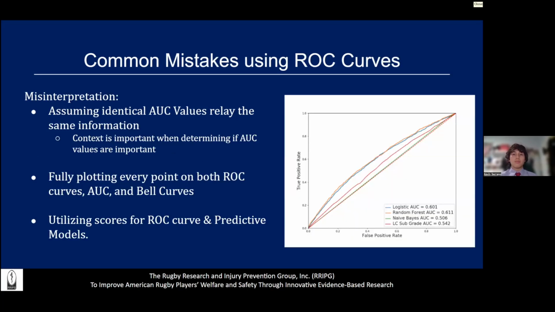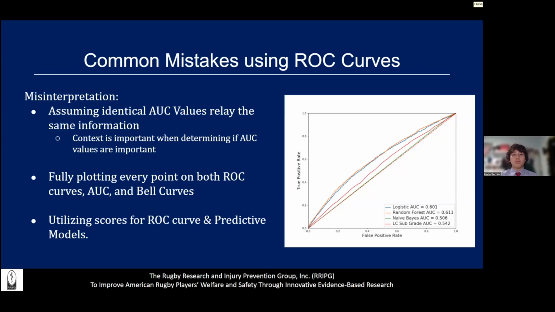Now, looking at some of the common mistakes that people make with ROC curves, misinterpretation is a very important factor that might lead to mistakes. When you assume that the AUC values are identical, you cannot assume that they're relaying the same information.